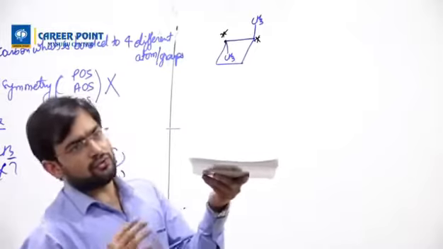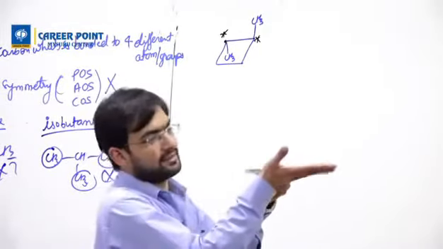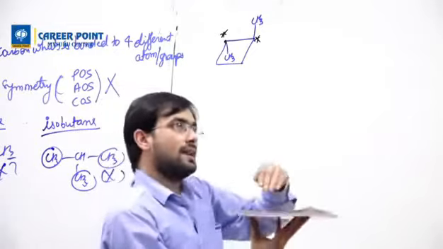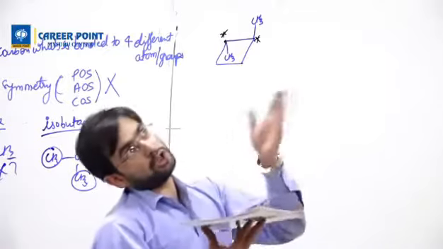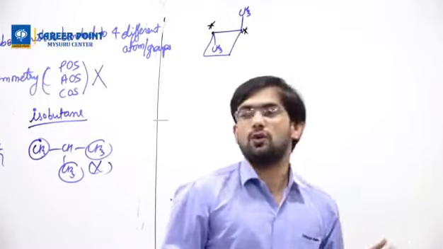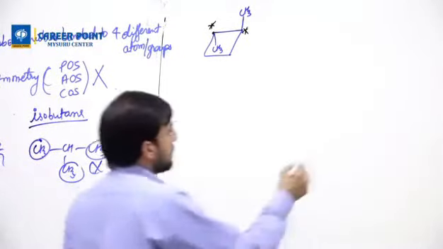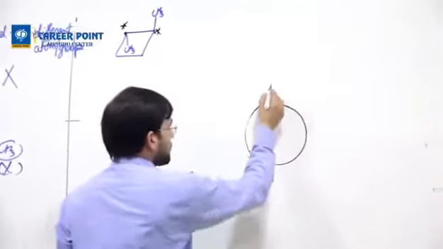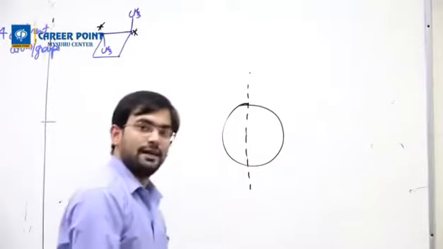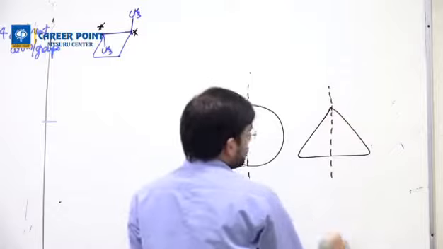To find the plane of symmetry, if I cut the molecule completely and get two parts, both parts must be equal halves. Equal half means if you take a circle and cut like this, you get equal parts on both sides. If you take a triangle and cut like this, you get equal parts.